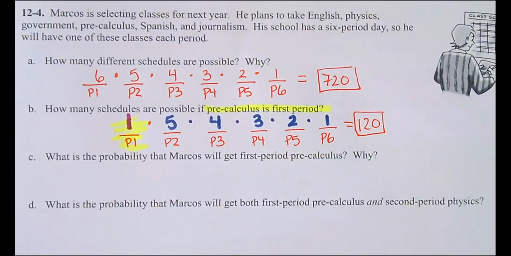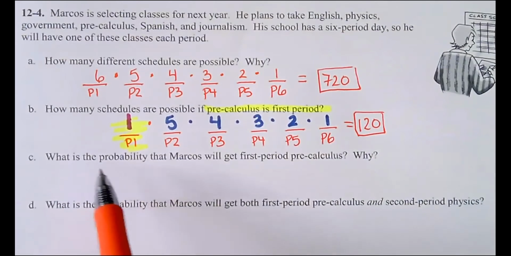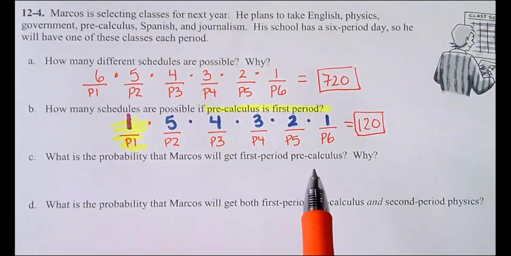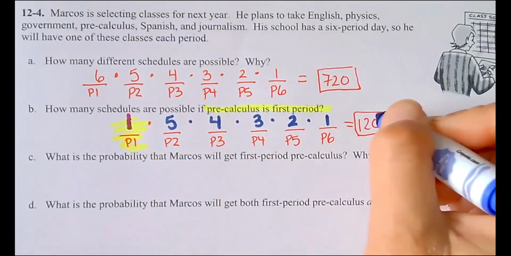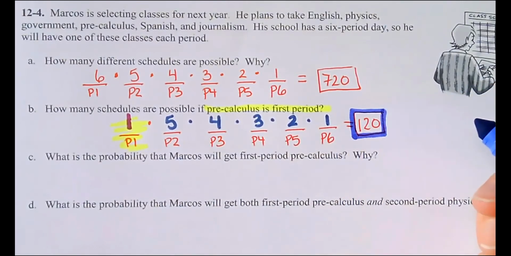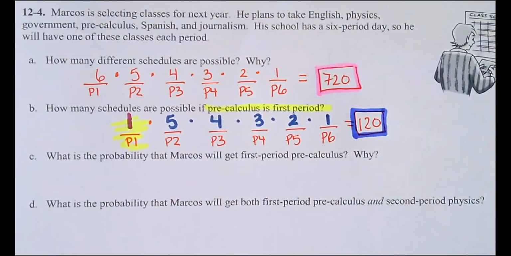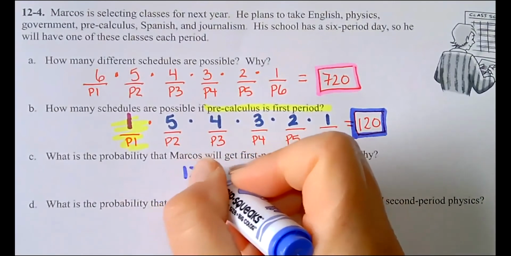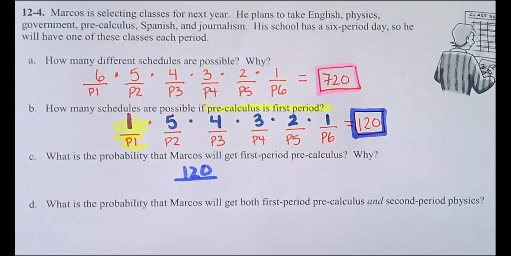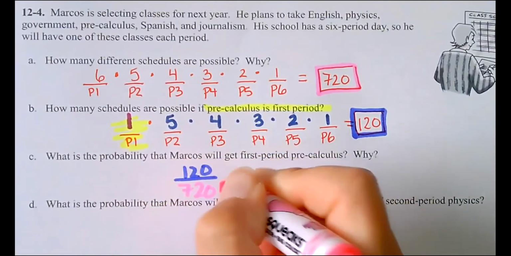So now on C, we're going to be dealing with a probability question. It says, what is the probability that Marcos will get first period pre-calc? So we know that he has 120 ways to get pre-calc out of 720 total schedules. So we are going to take the 120 ways that he can have pre-calc first period out of all total schedules, which is 720.